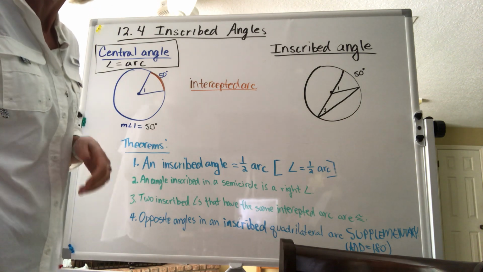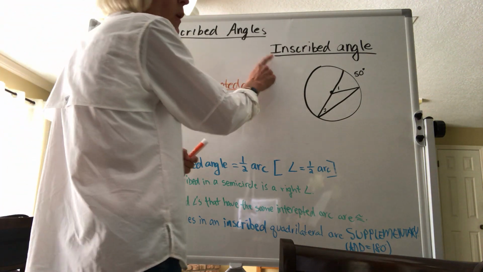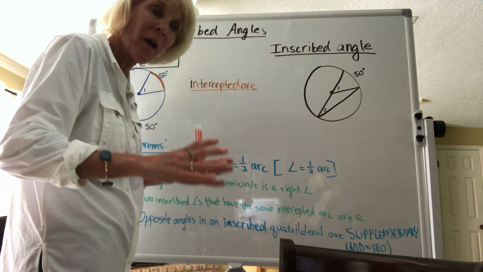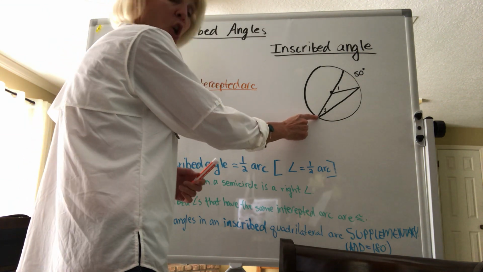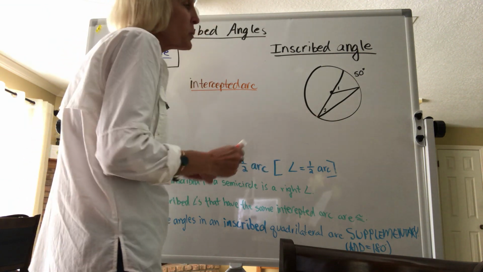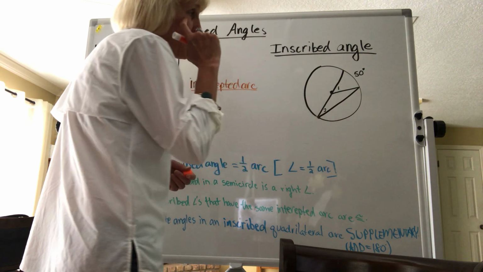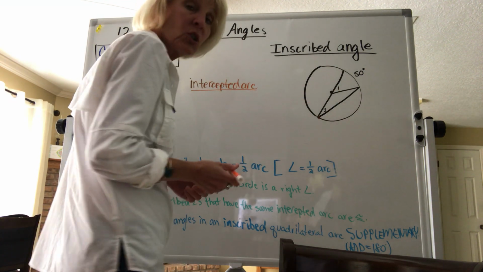Now, we've had that word inscribed before. Remember in chapter 5 we had inscribed polygons, where every vertex of the polygon was on the circle. So that's what we're looking at today: an inscribed angle is one angle of an inscribed polygon.